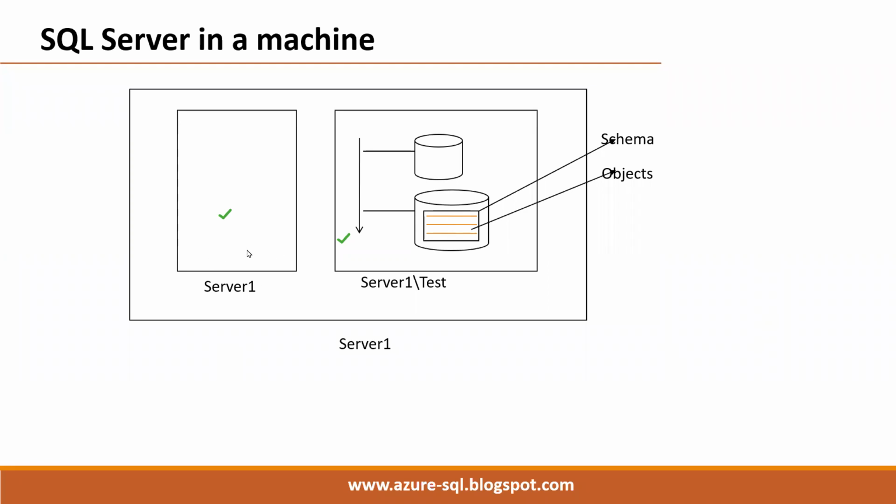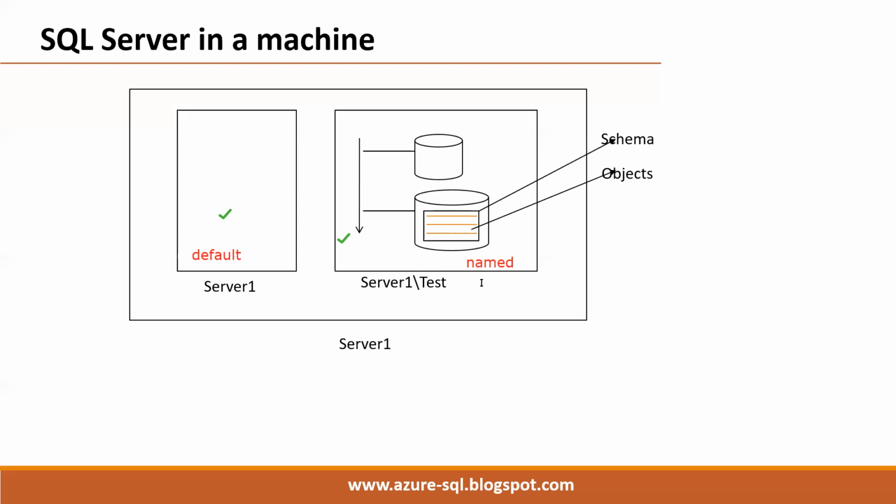If the instance name is equal to the system name, then we call it the default instance. If you see system name slash some name, then we call it a named instance. Two types of instances, default and named instance.